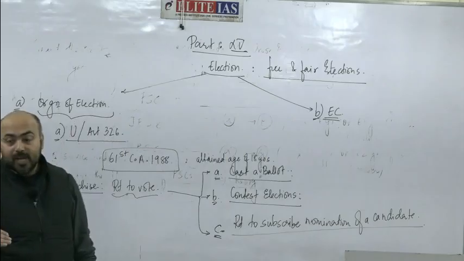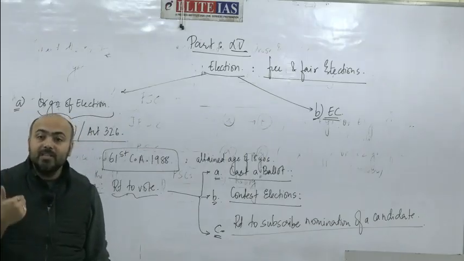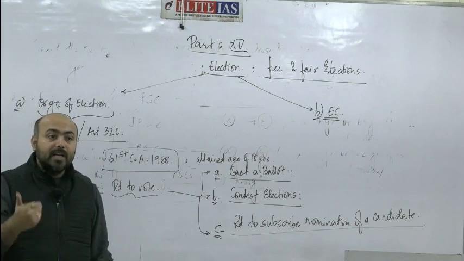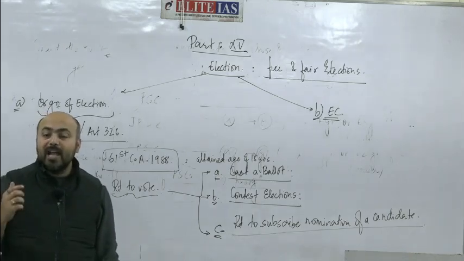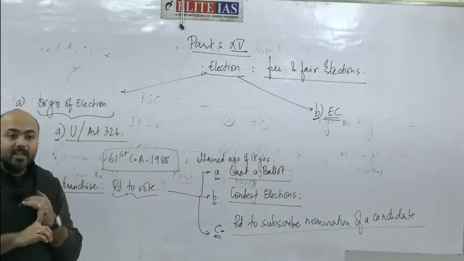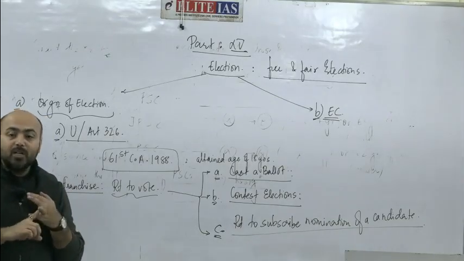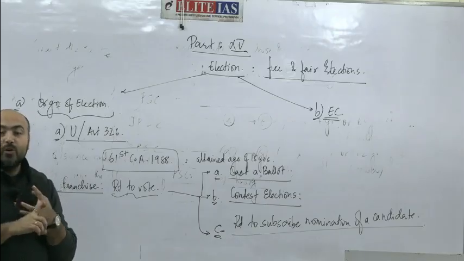That is the reason why whenever an individual files a nomination paper, the individual has to file an affidavit also. The affidavit would include what are his assets, what are his liabilities, what is the education qualification that he holds.